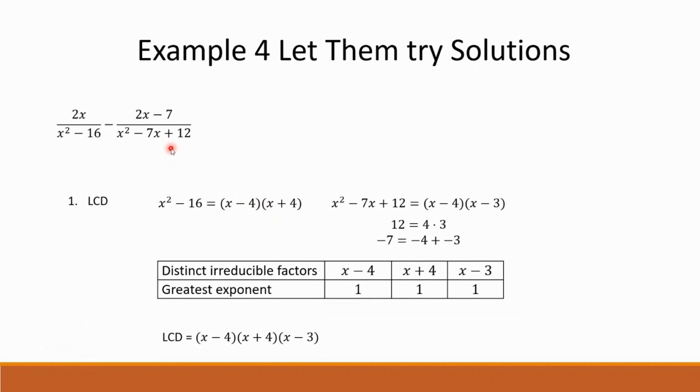For this one, what we have is x squared minus 7x plus 12. So we want two numbers whose product is 12, but the sum is negative 7. As you can see here, how about negative 4 and negative 3? I mean, here it probably should have been negative 4 and negative 3.